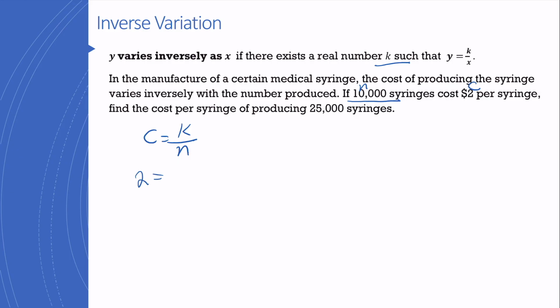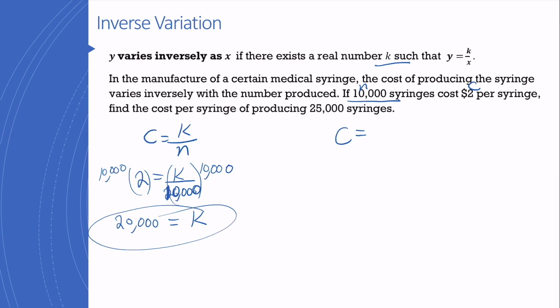I have 2 equals K over 10,000. Well, how do I get rid of this fraction in the denominator? I multiply by the denominator on both sides. So I have 20,000 equals K. That's my constant of variation.